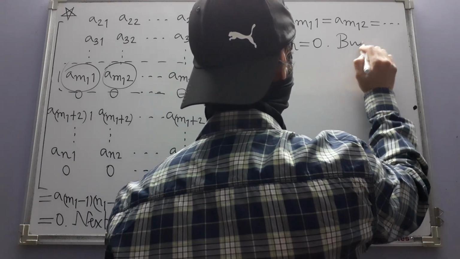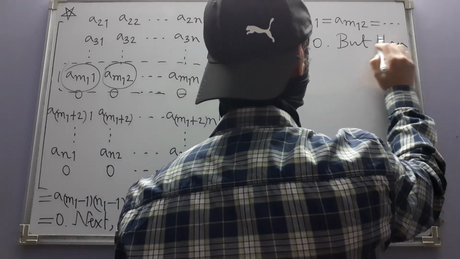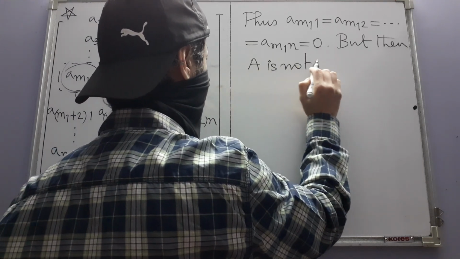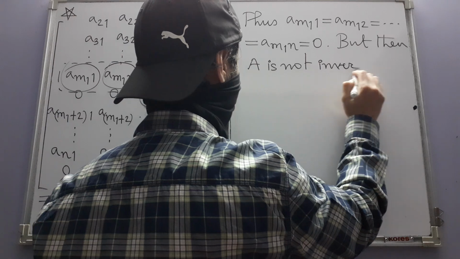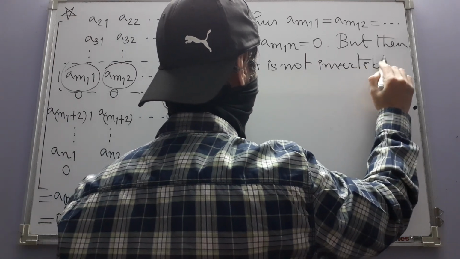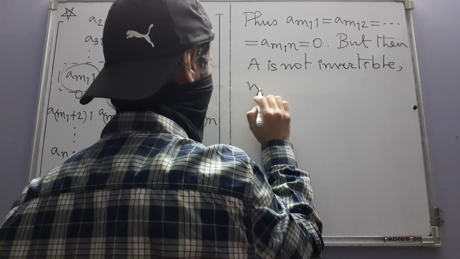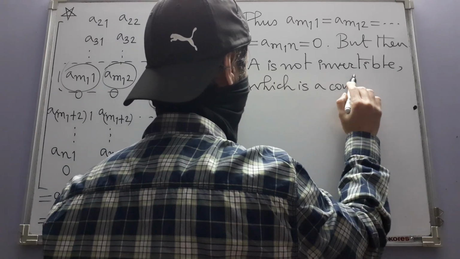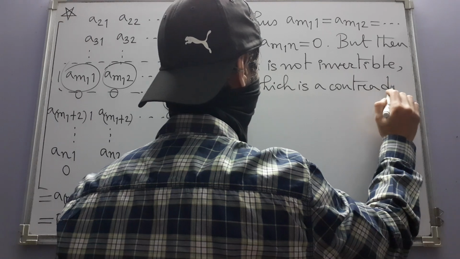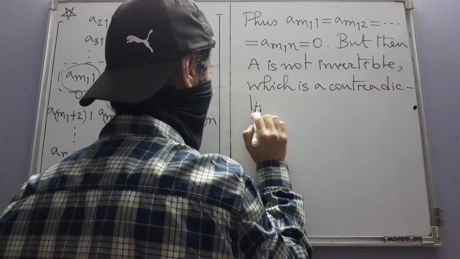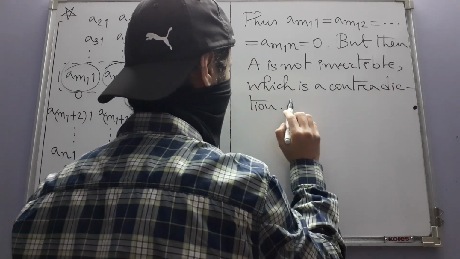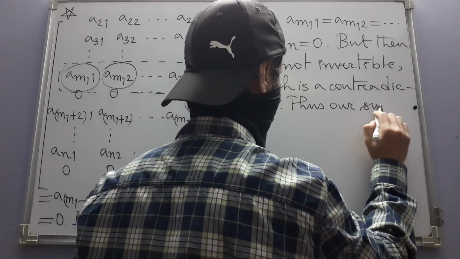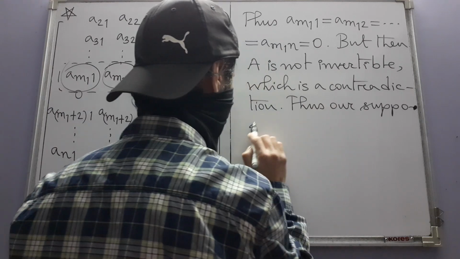But then A is not invertible, which is a contradiction. Thus, our supposition is wrong.